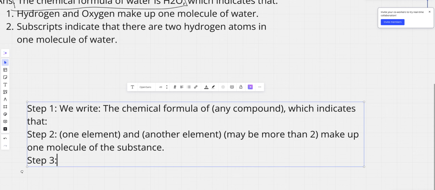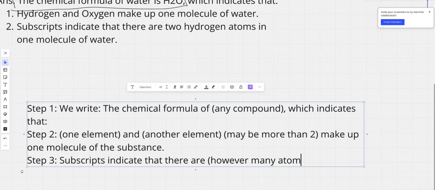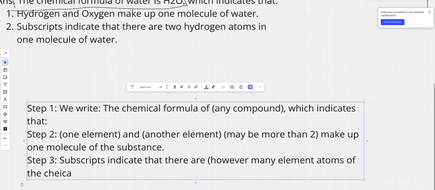And step 3, we write, subscripts indicate that there are however many atoms of the element in one molecule of the substance.